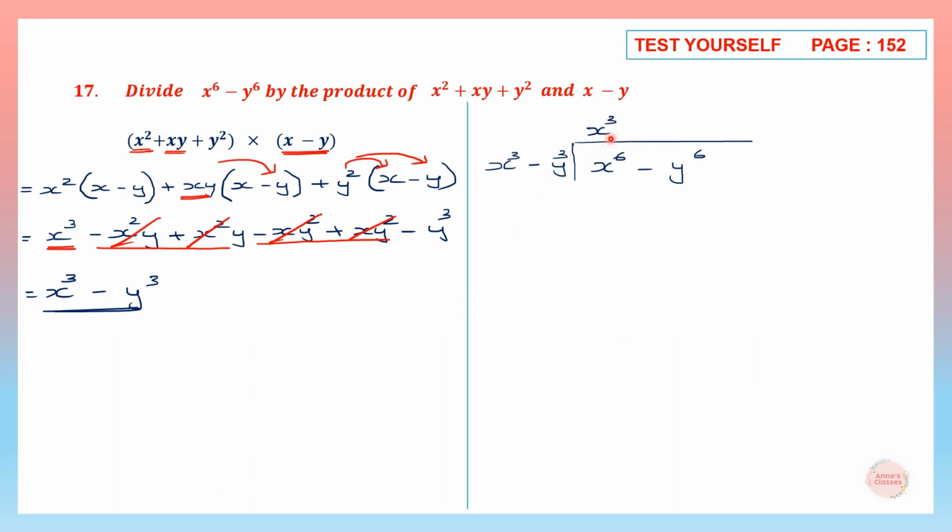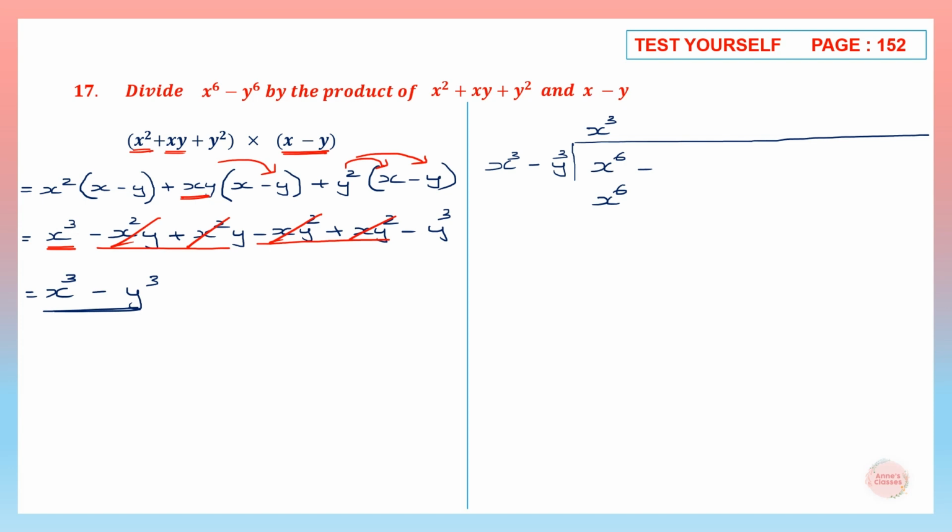Multiply x to the power of 3 with x to the power of 3 minus y to the power of 3. So x cubed into x cubed will make it x to the power of 6. And then we have x to the power of 3 into minus y to the power of 3. So we have to move this minus y to the power of 6 right up to the end. So let's extend this line.